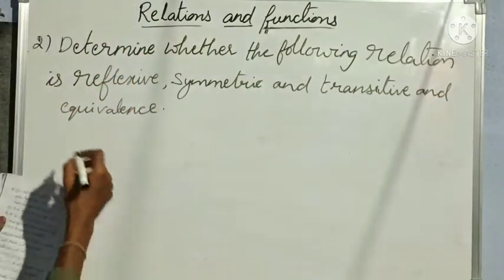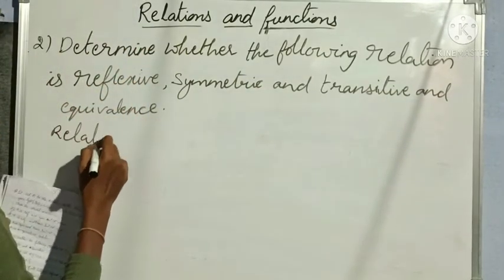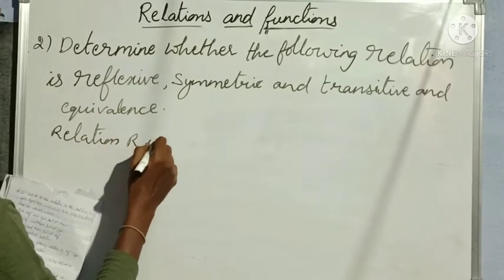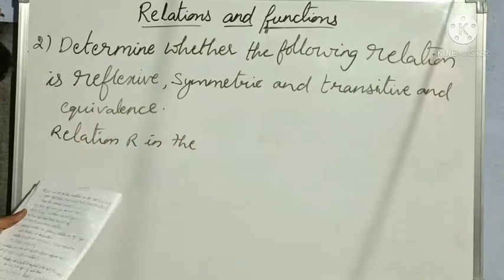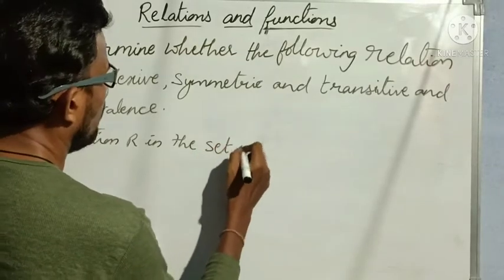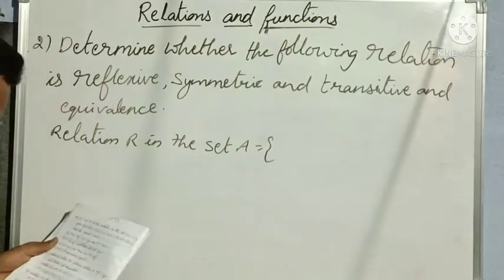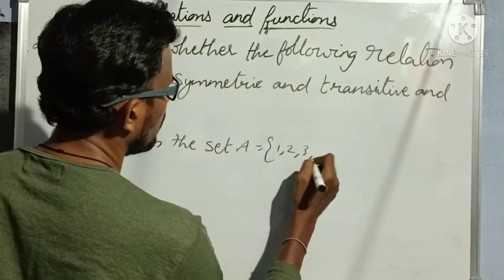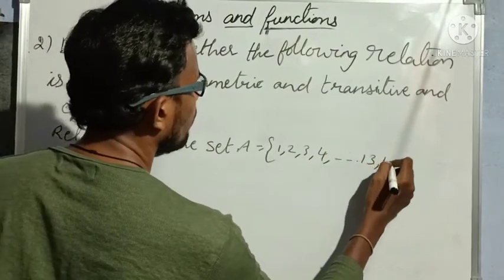So what is the relation? Relation R in the set A equals {1, 2, 3, 4, and so on, 13, 14}.